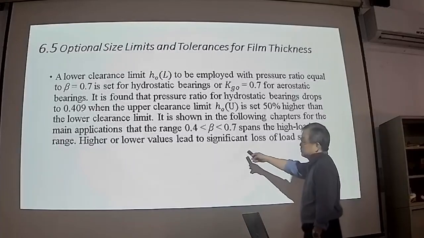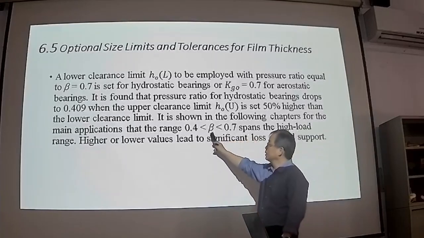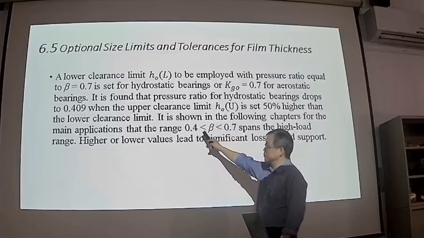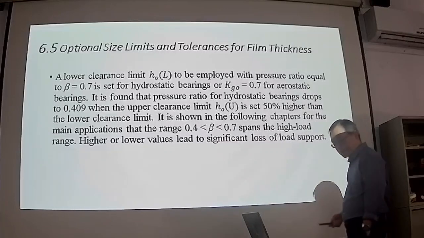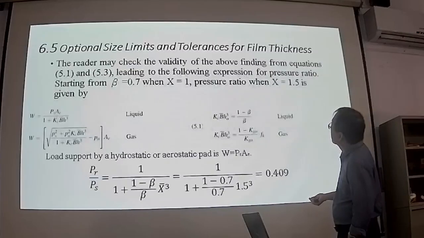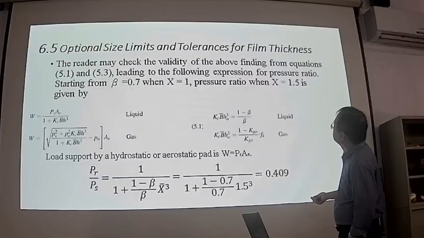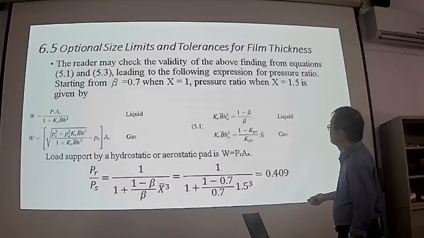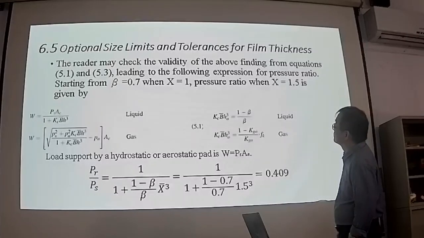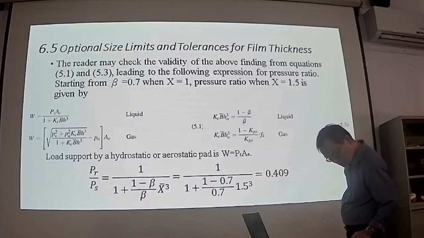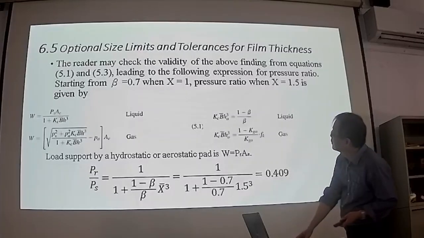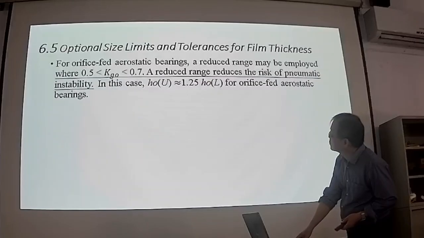So the pressure ratio is in between the range of 0.4 to 0.7 pressure ratio.